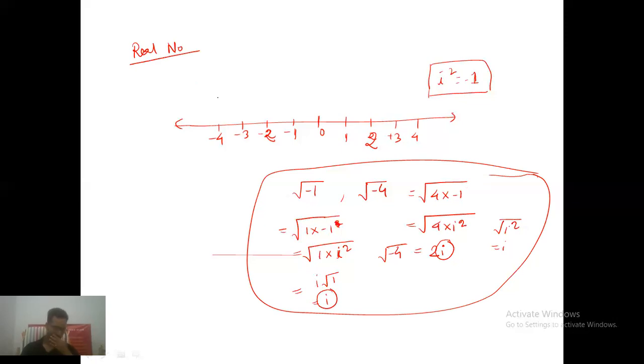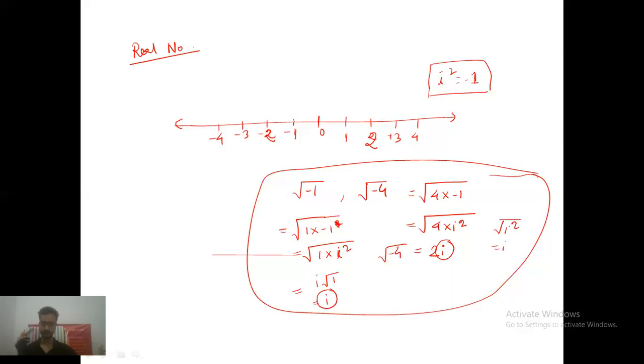Real number means the number which we can plot in the number line. The numbers which we can plot in the number line are called real numbers. This is the basic definition of the real number.